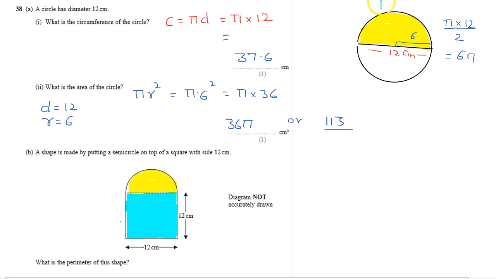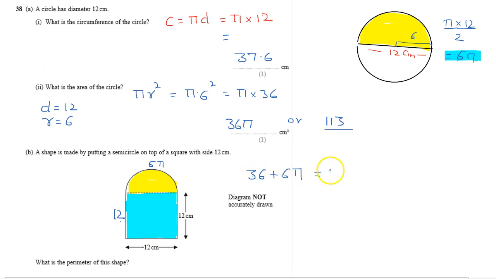The perimeter of a circle is called the circumference. So this is 12 pi, and half of it will be 6 pi. You can convert it into decimal. This is 6 pi plus 12 plus 12 plus 12. So this is 36 plus 6 pi.